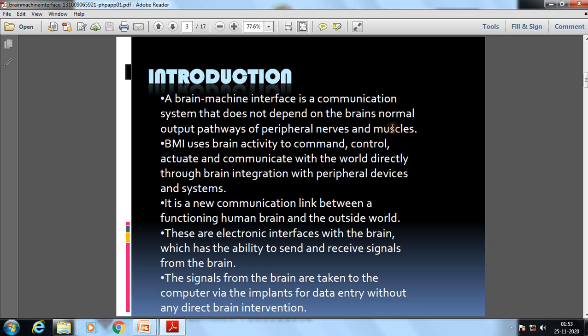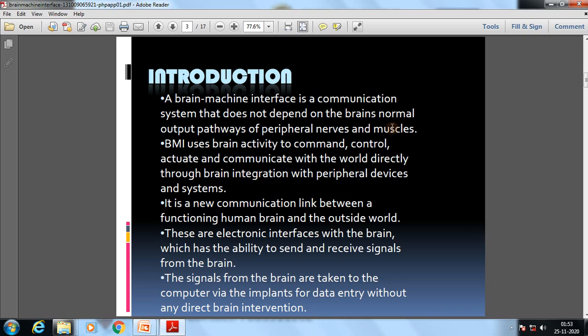That's why it's a new communication link between the functioning human brain and the outside world. To perform all the physiological events, we already have communication links between our brain and our hand, our eyes, our mouth, our nose. But we have to create a specific new communication link through which we can command a peripheral device which is not a part of my body.